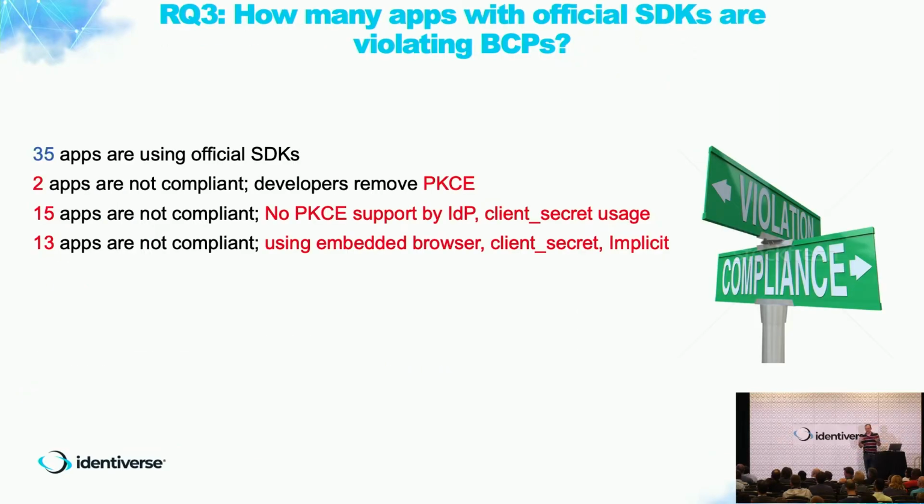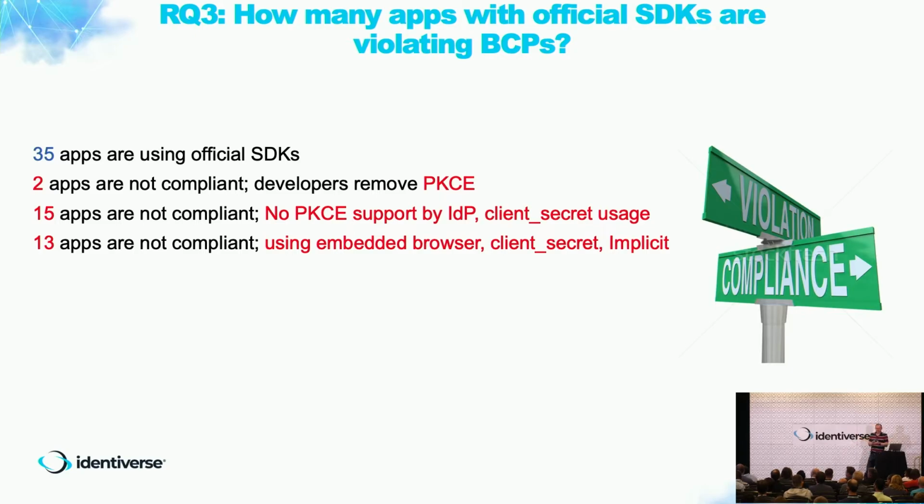Breaking this down in terms of which apps were and weren't using official SDKs, 35 of the apps appeared to be using official SDKs. 2 of the apps weren't compliant with the BCP because, for reasons that we have no idea, the developers had managed to remove PKCE when it was present in the SDK.